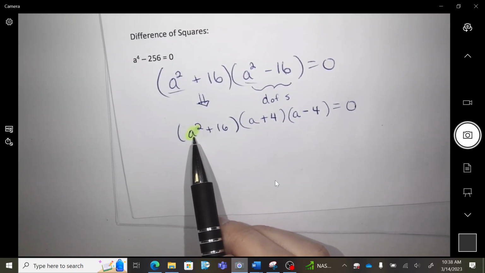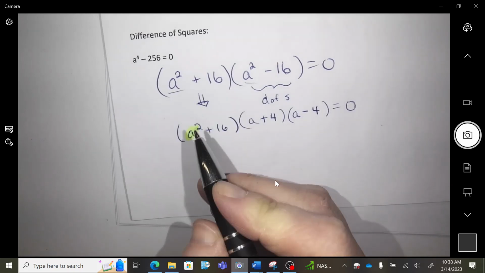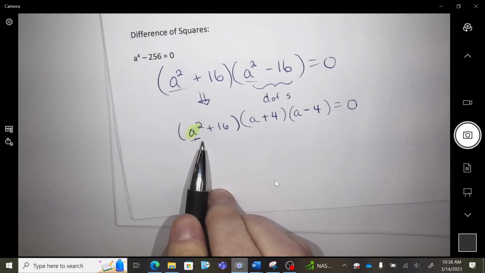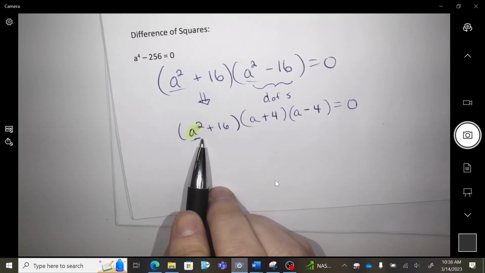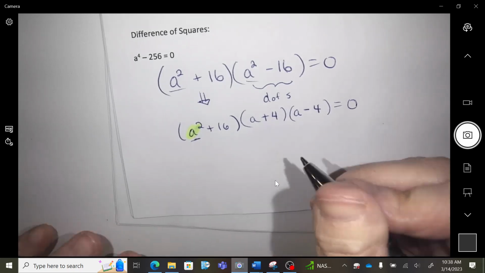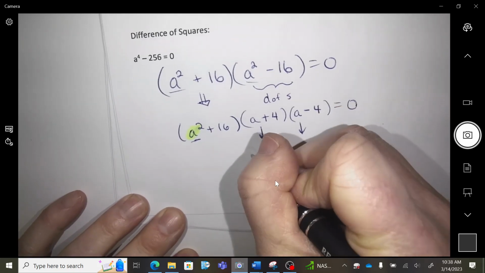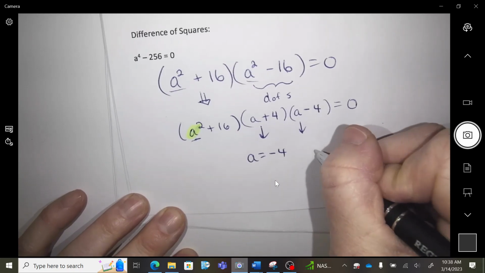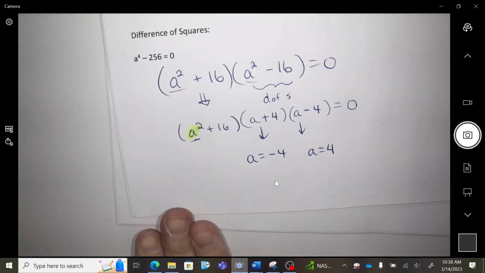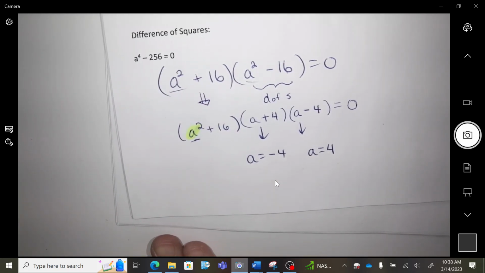Can you square anything to make -16? No, I can't, so that's why I can't factor it anymore. If there's going to be no solution, it's not factorable. Okay, but this means my solution is -4 and +4. And then that piece is just sitting there, but doesn't get factored.